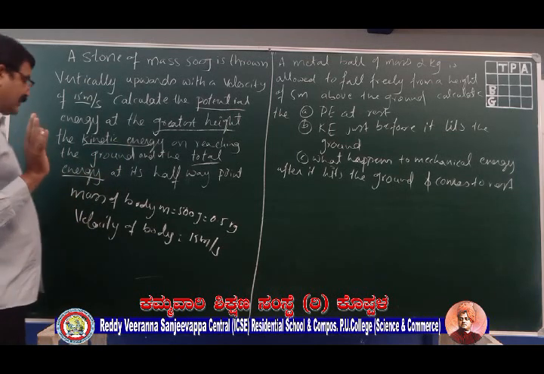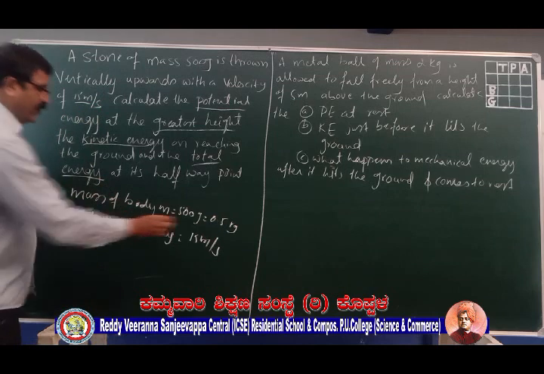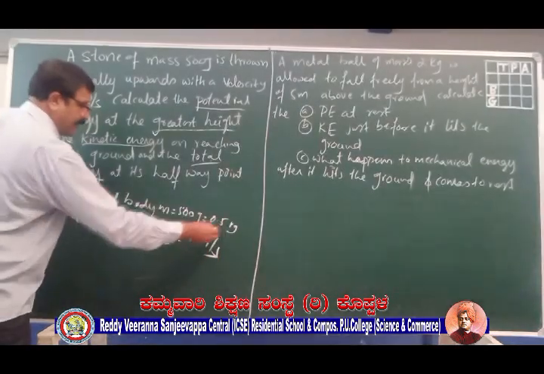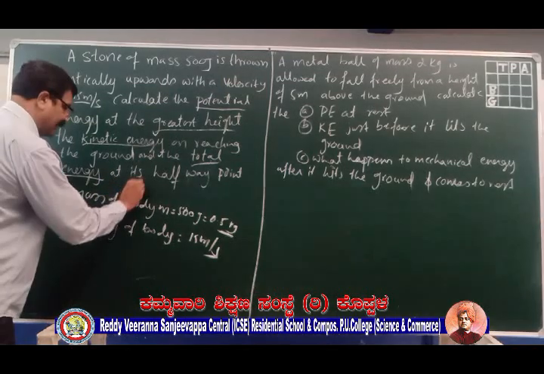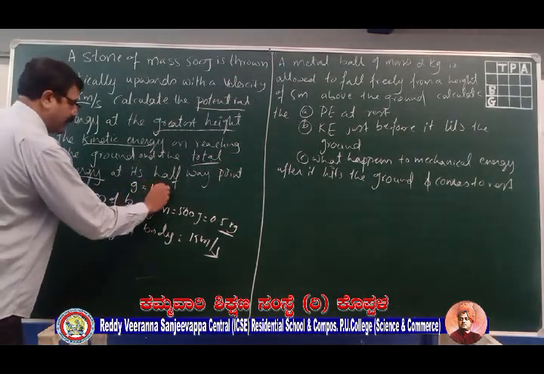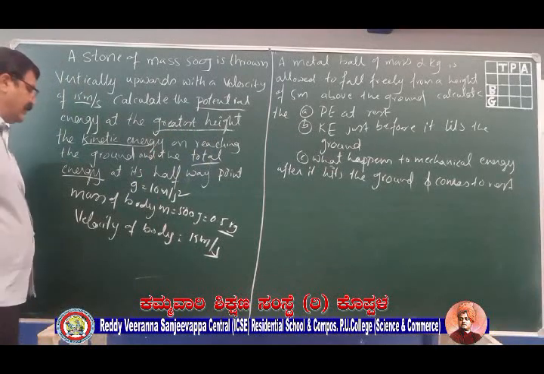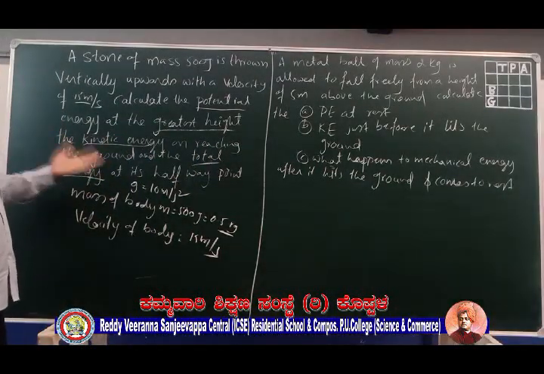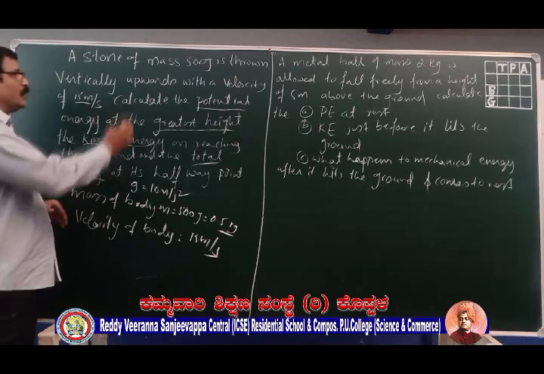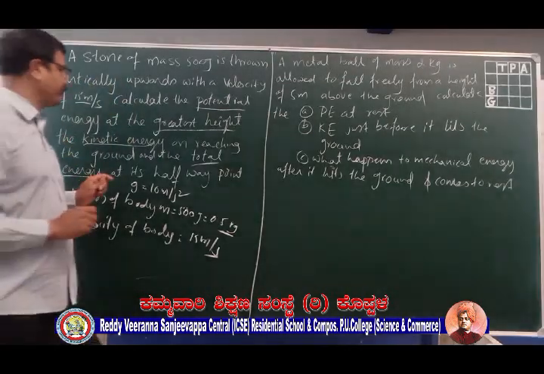So these are the data given. We have been given only the velocity and the mass. And g is given as, let us take it as 10 meter per second square. Let us see whether we can use it or not. Let us start with the problem now.